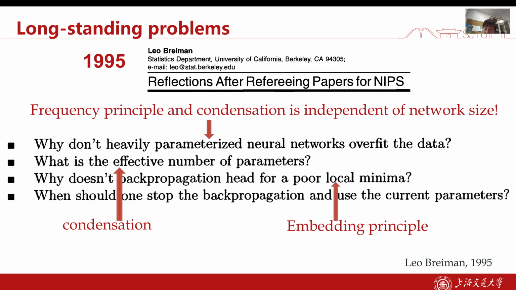Because of this embedding principle: for large networks, there exist critical points embedded from simple networks. These minima have many descent directions, and they can attract the training trajectory. So the training will go near these simple critical points and then escape.